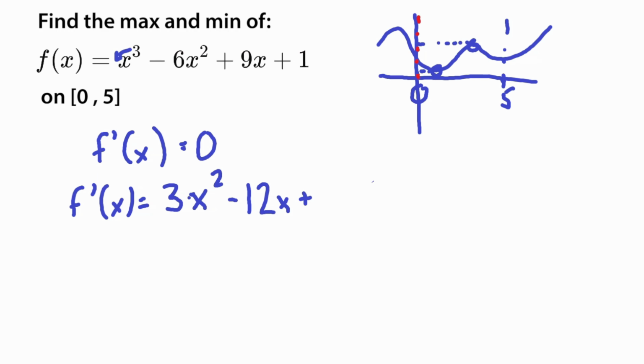Remember, if there's no exponent, x is also the same as x to the 1. So you can bring down the 1: 9 times 1 is still 9. And then x to the power of 1 subtracted by 1 gives x to the power of 0, which is equal to 1. So this would just be 9 times 1, which is 9. And then our 1 does not have any variable, so whenever you find the derivative of it, it just disappears.